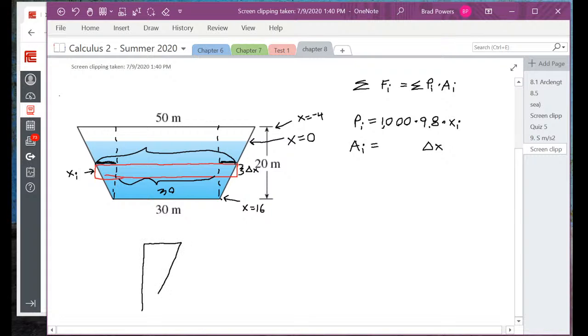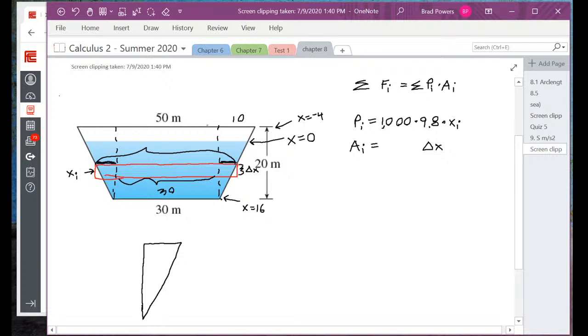I'm going to copy this picture down a little bit here and try to get a formula for this, right, with respect to x. Like, what is this distance with respect to x? And I like to use approximating rectangles. Well, I know that's 50, that's 30.